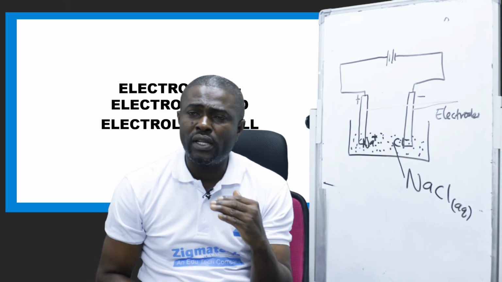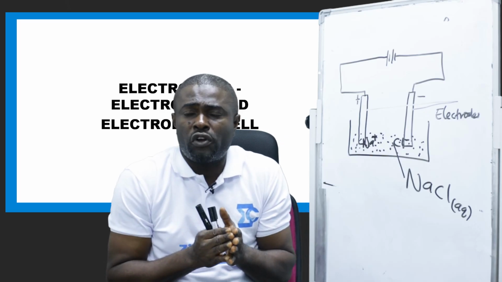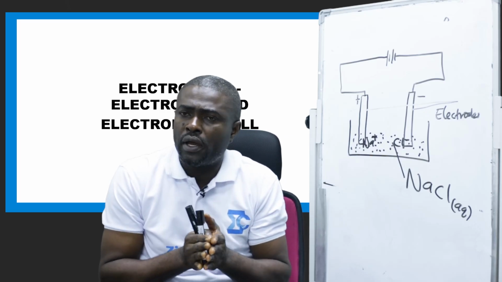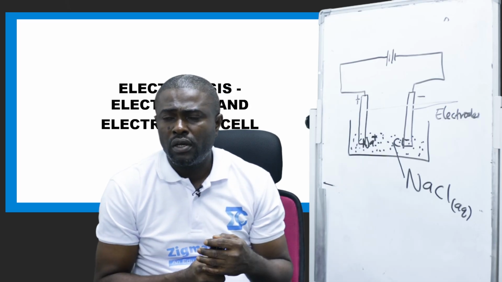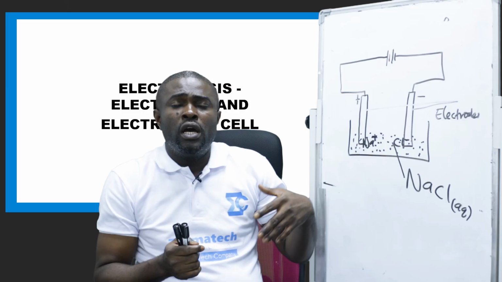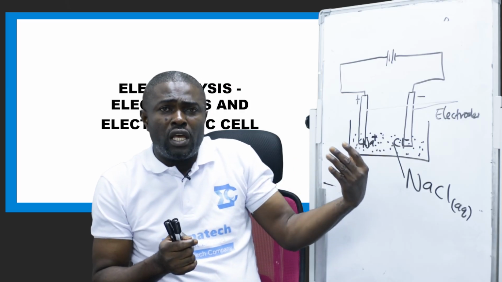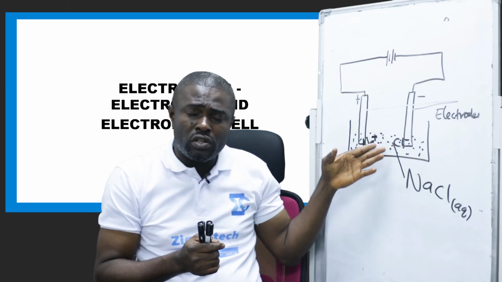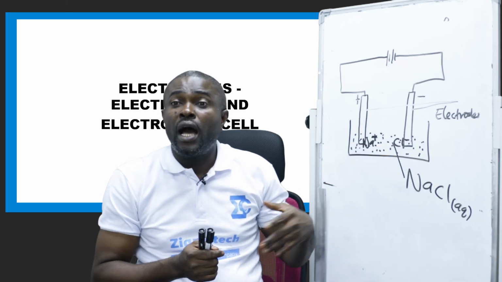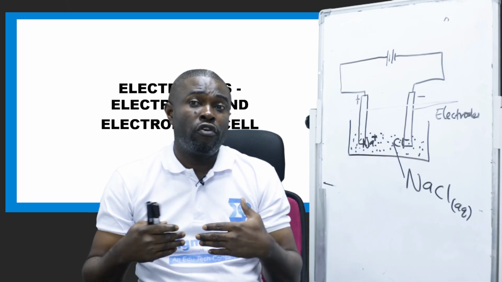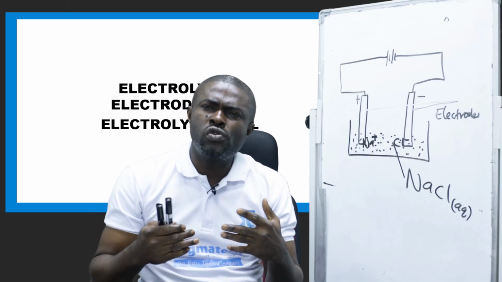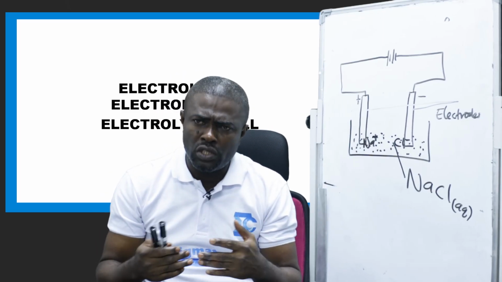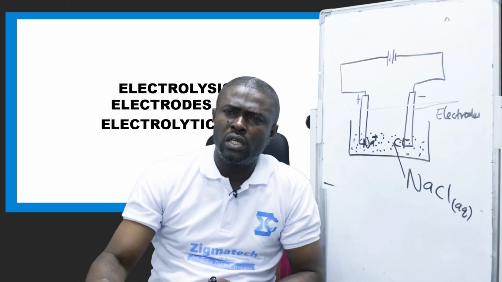Now, if you don't want to explain it in terms of conventional current, you use the flow of electrons. So, in other words, electrons move into the electrolytic cell through one of them, and also leave from the same cell through the other rod. These two rods are called electrodes.